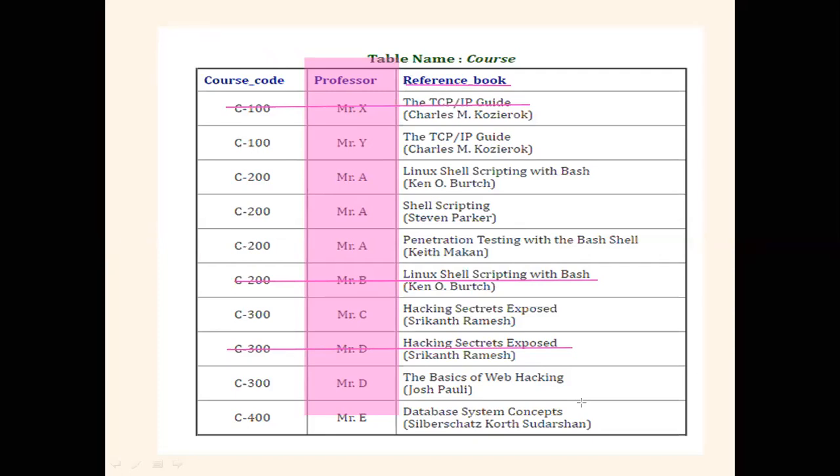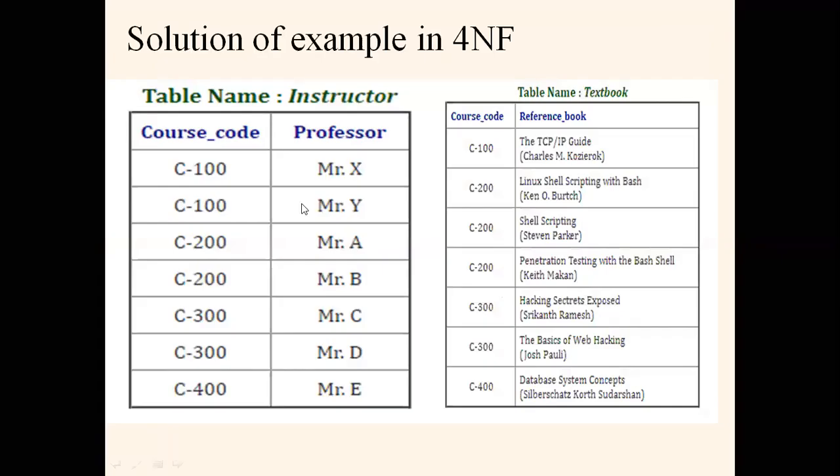This is how we can create our table. So this is our solution. We have deduced it as a primary key and as a professor, and multiple course values been repeated as well.